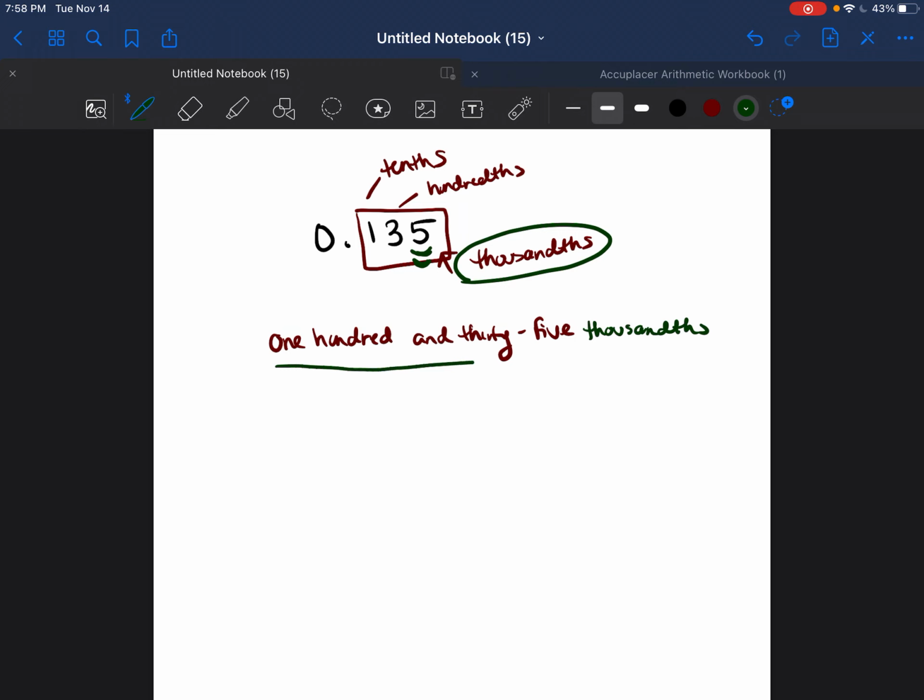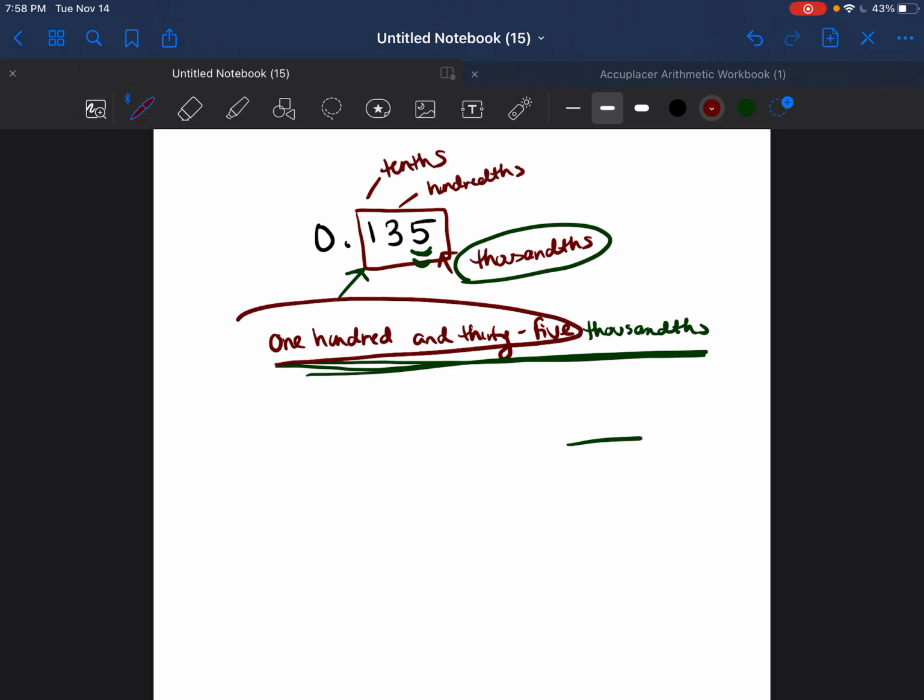So 135 thousandths. That's how we would read it. Now that we've said it out loud, we can put it into a fraction. Remember, the number word is the numerator, so 135. And then the place value word is the denominator, so thousandths.